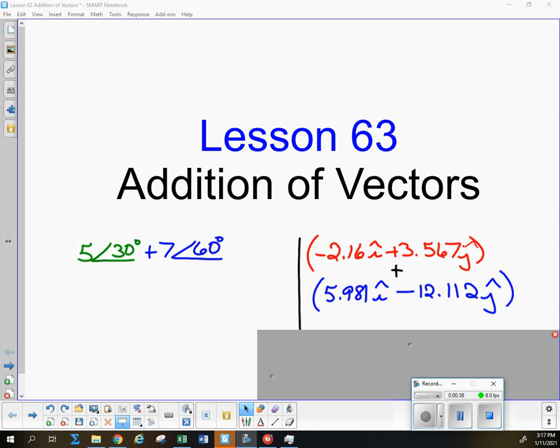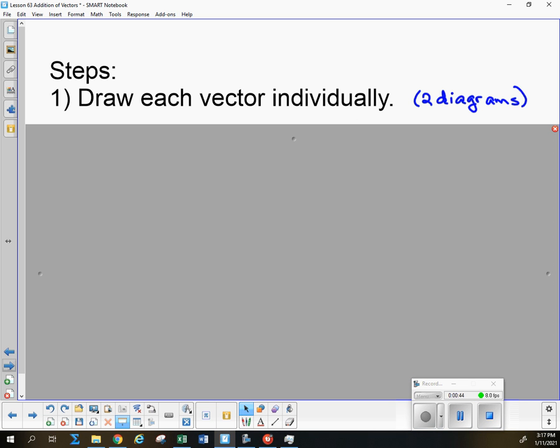So let's talk about the steps, and then we will go through a couple of examples together. First step is always that I would like for you to draw each of those two vectors separately.